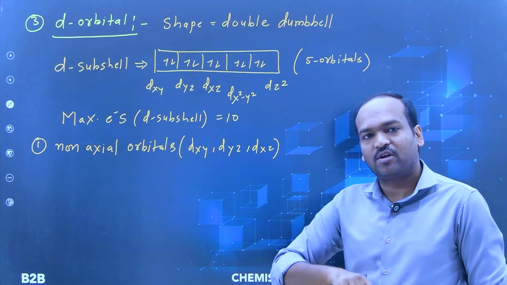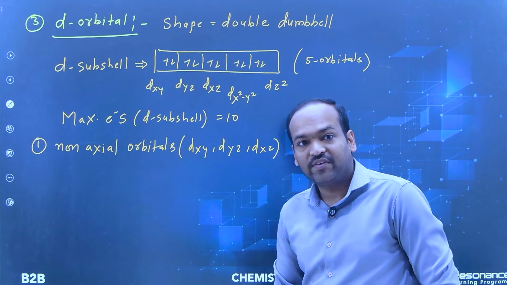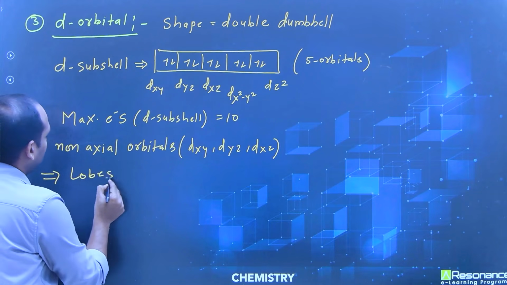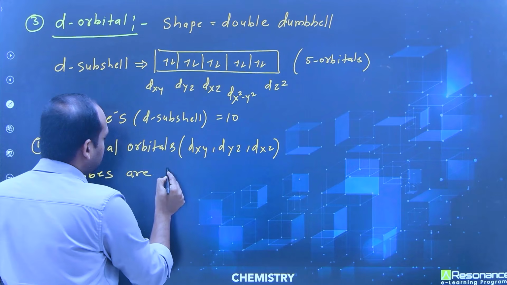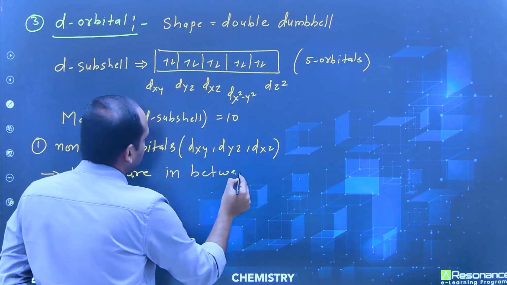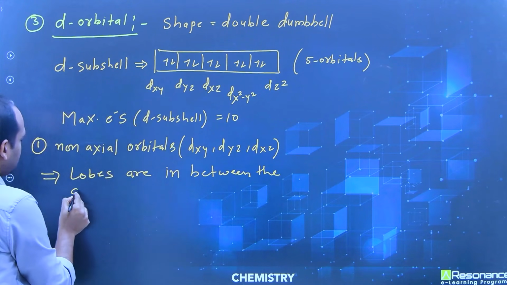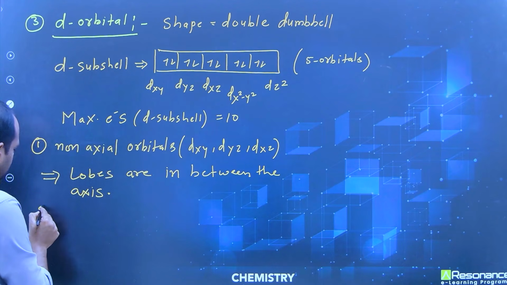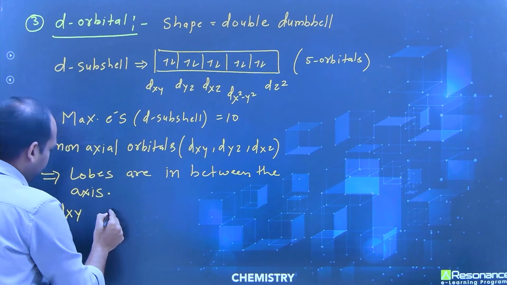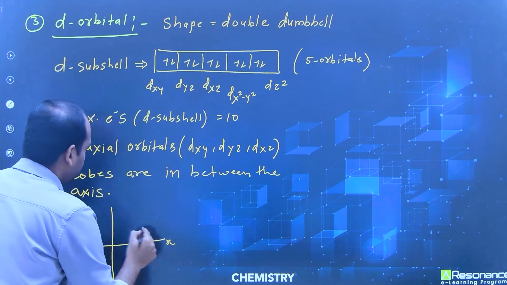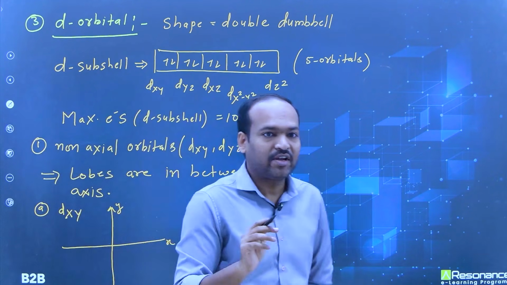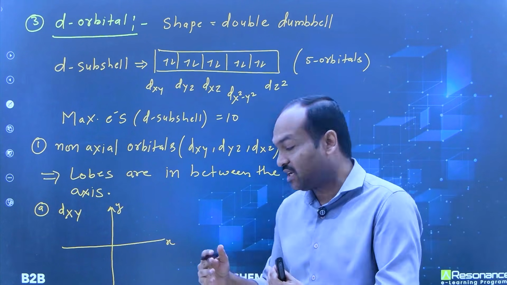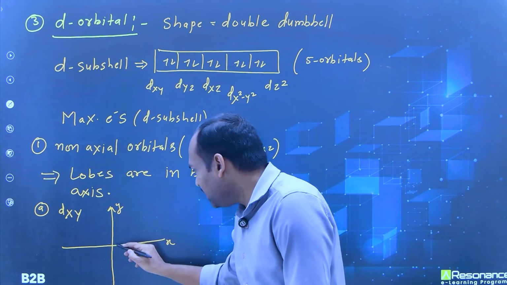So there are two types of orbitals, axial and non-axial. For non-axial, the lobes are in between the axes. First, taking dxy: this is the x-axis, this is the y-axis. We draw the lobes in between x and y, at 45 degrees.